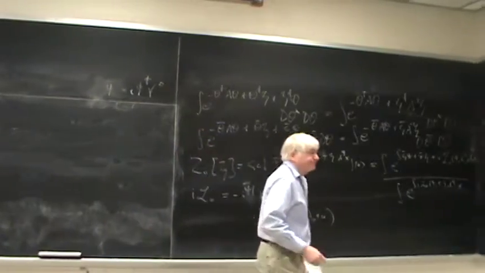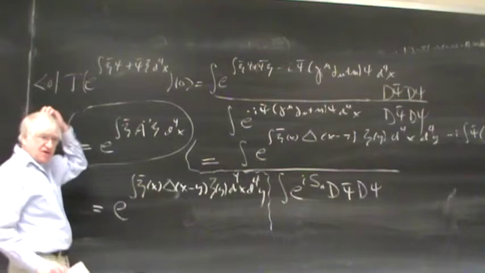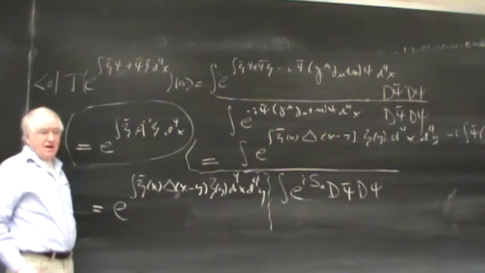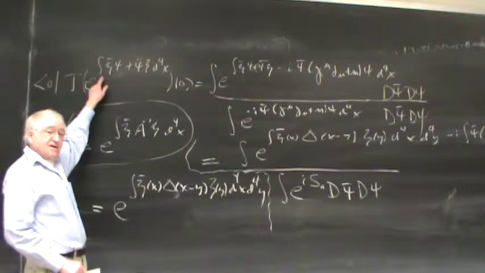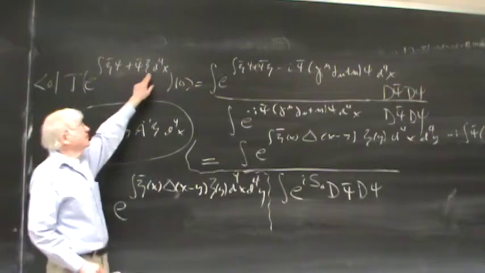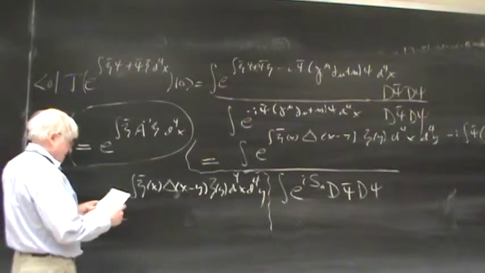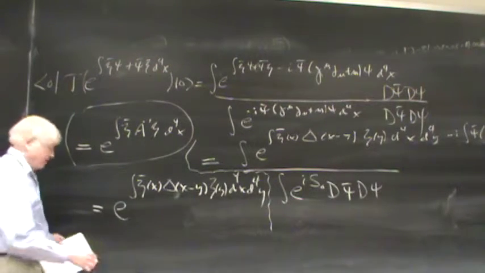All right, well, what we can do now is we can differentiate functionally with respect to zeta bar and zeta. And notice what we do is we differentiate functionally from the left with respect to zeta bar and from the right with respect to zeta. And so what we find then is, and then we set, of course, zeta equals 0.